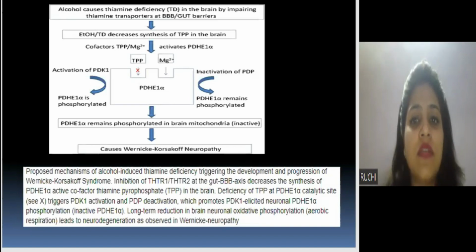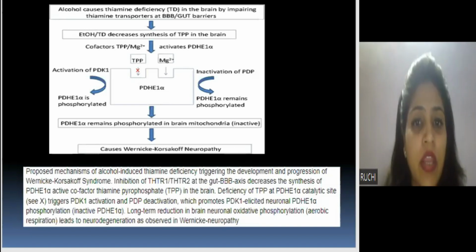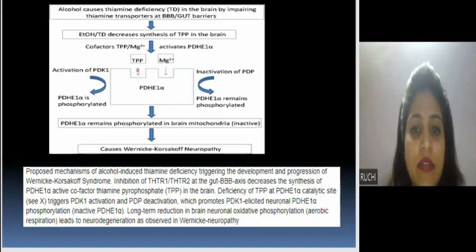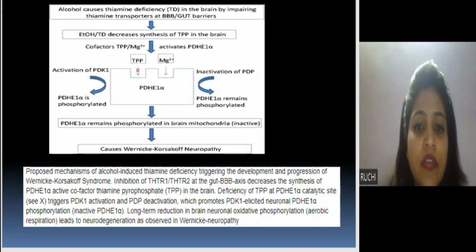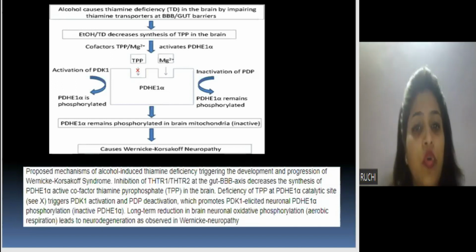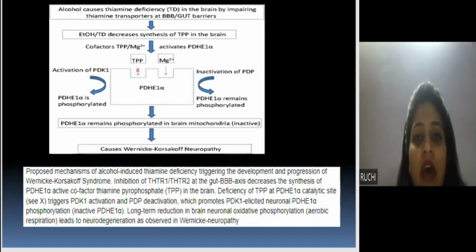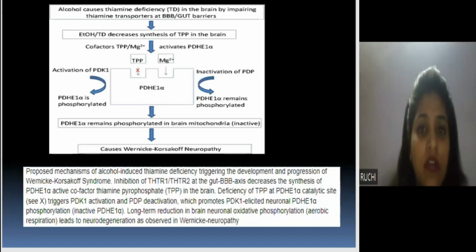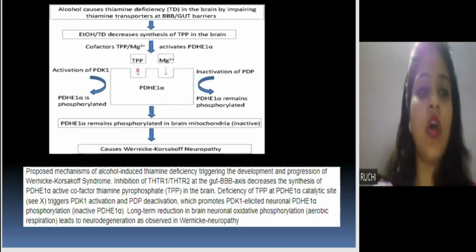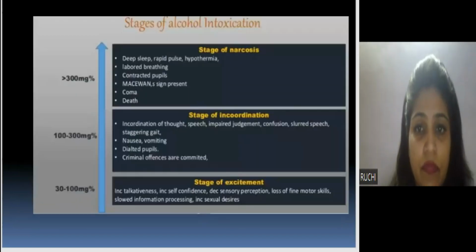Alcohol decreases synthesis of TPP, thiamine pyrophosphate, a cofactor, in the brain. Decreased synthesis of TPP in the brain leads to Wernicke-Korsakoff neuropathy. This is the pathway which leads to it, and for this we have to give thiamine to a patient of alcohol intoxication.